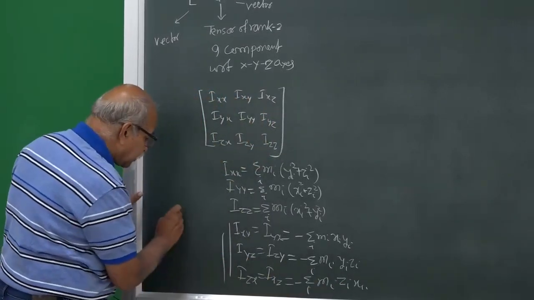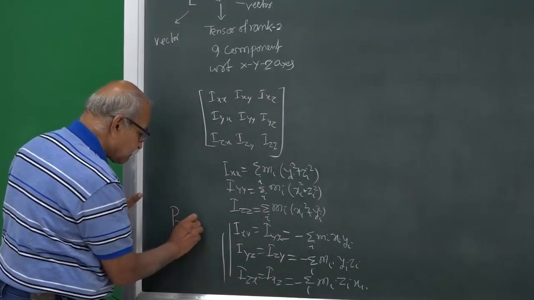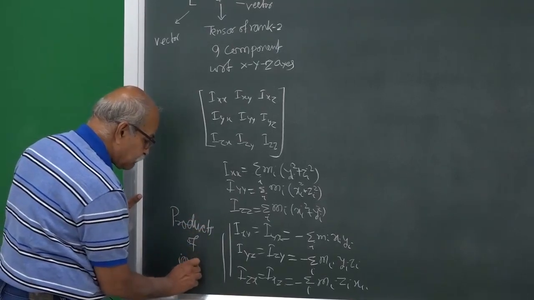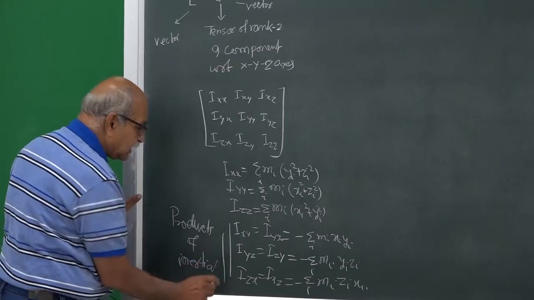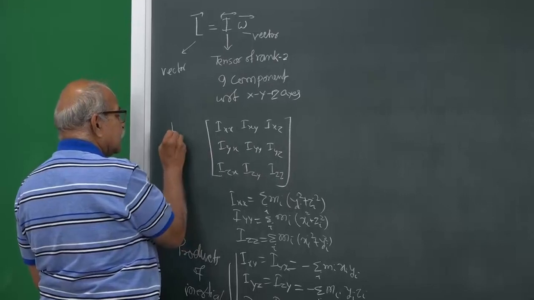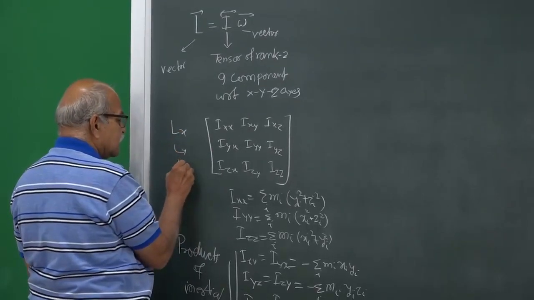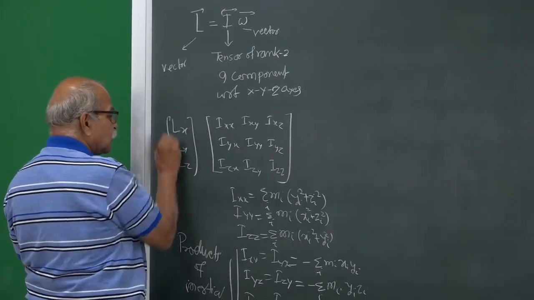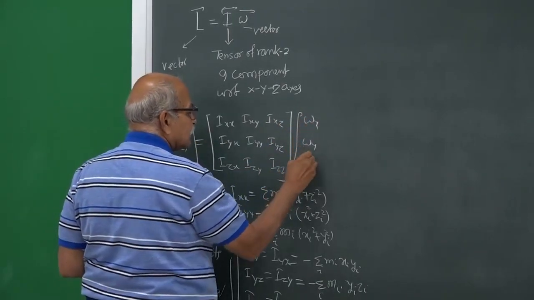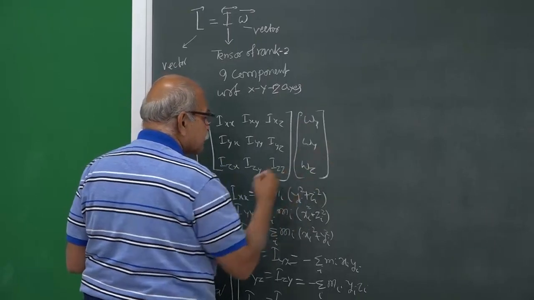These are called products of inertia. And this L vector is here Lx, Ly, Lz, this column, and here it is omega x, omega y, and omega z.